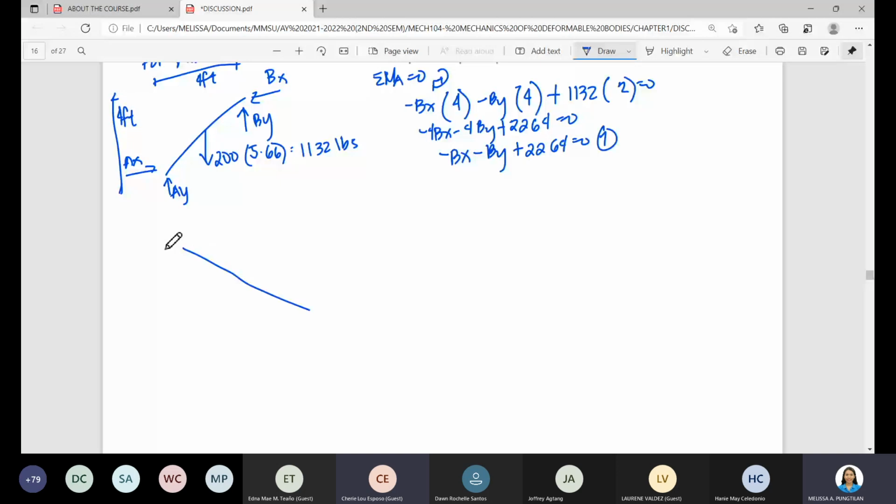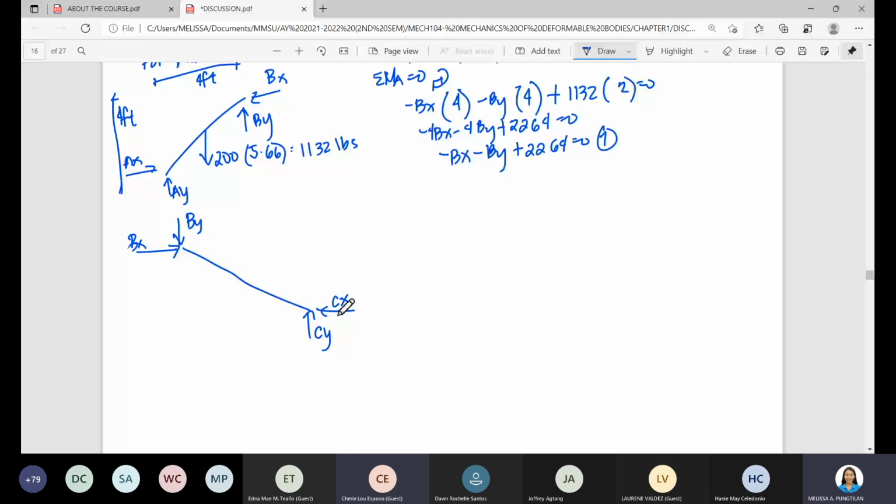And then we have here our Cy and Cx. And then yung ating weight is 200 multiplied by 6.71. So member BC is 6.71 in length. So we have 1,342 pounds.